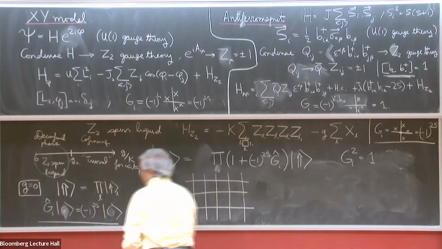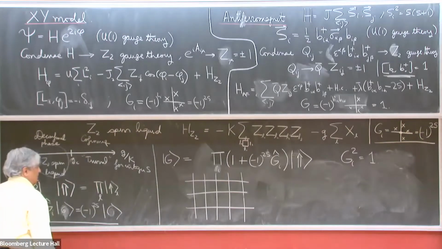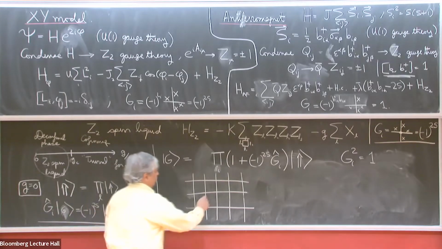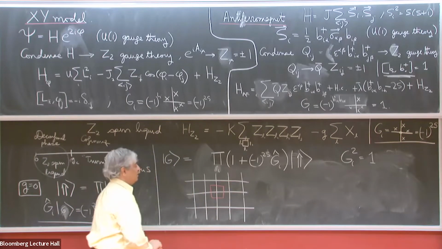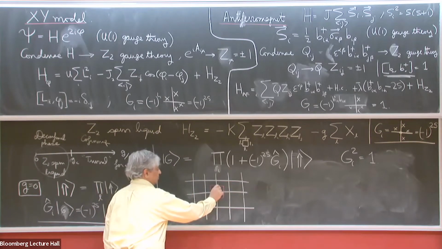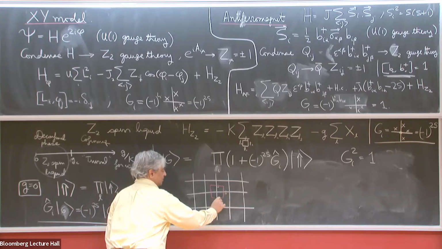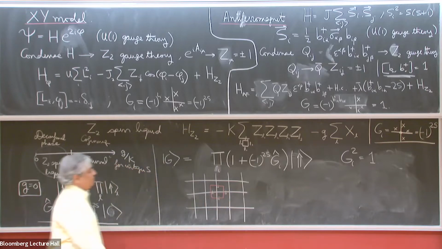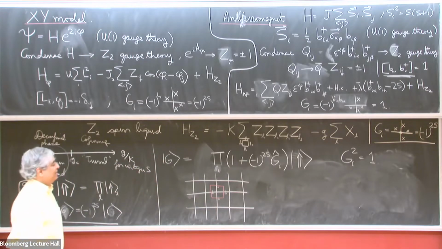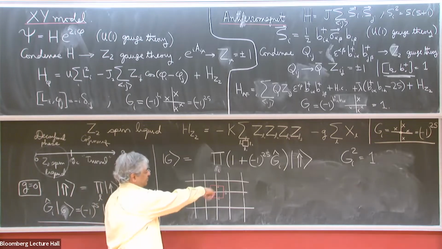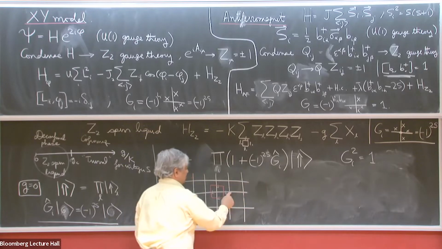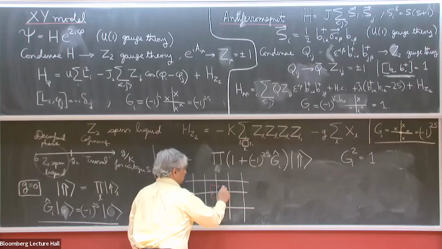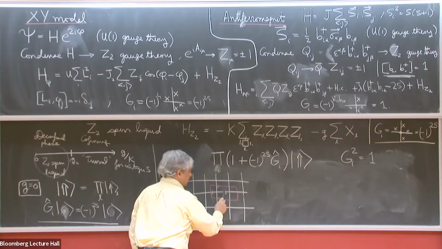So every time I hit a G, I want to denote that by a closed loop like this. And this tells me that this spin is down, this spin is down, this spin is down, this spin is down, this is down. So you can see every G just introduces a loop. So for example, if I hit the G on this side, that's just going to grow the loop like this.